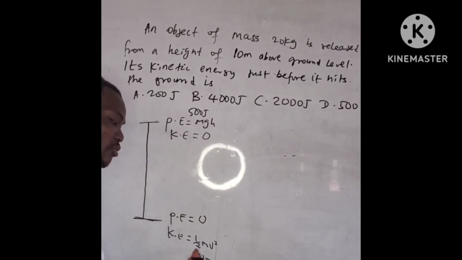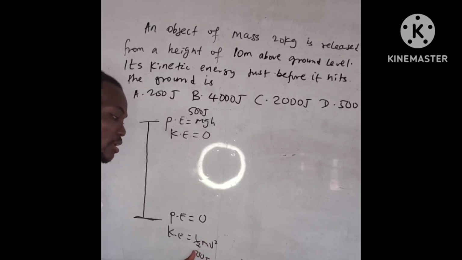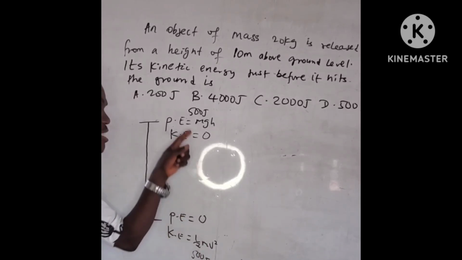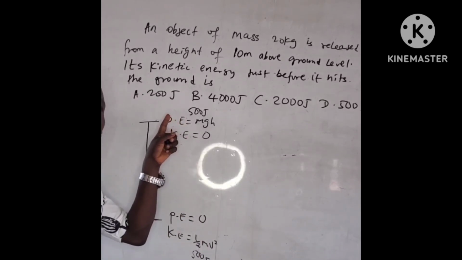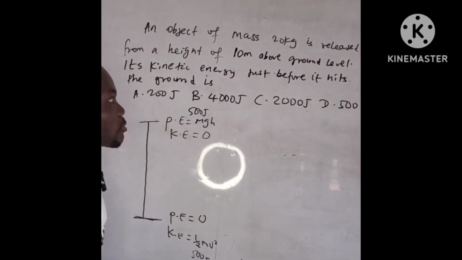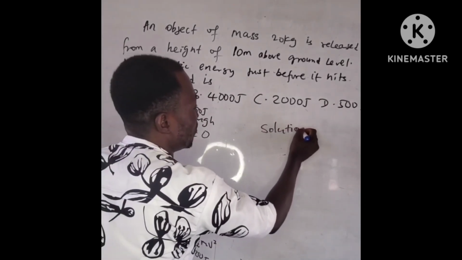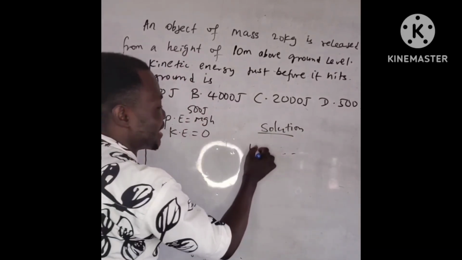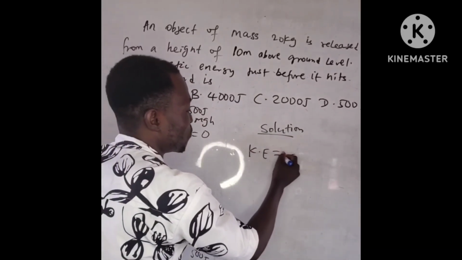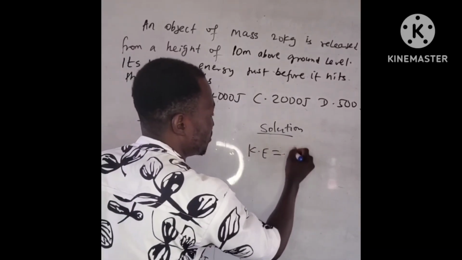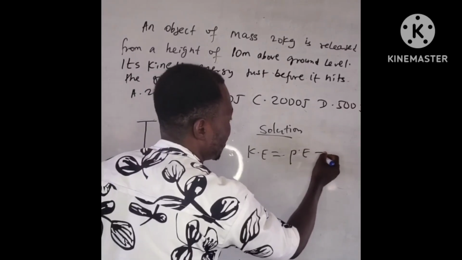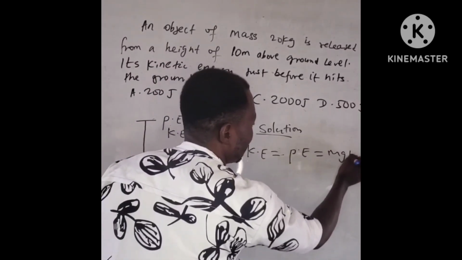So this kinetic energy of 1 over 2 mv squared will become the same value as the potential energy at the maximum height. So for us to solve this problem, we have to say that the kinetic energy before it hits the ground will be equal to the potential energy at its maximum height, and that is given as mgh.